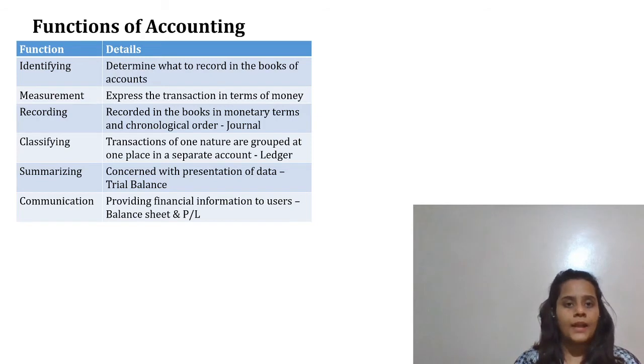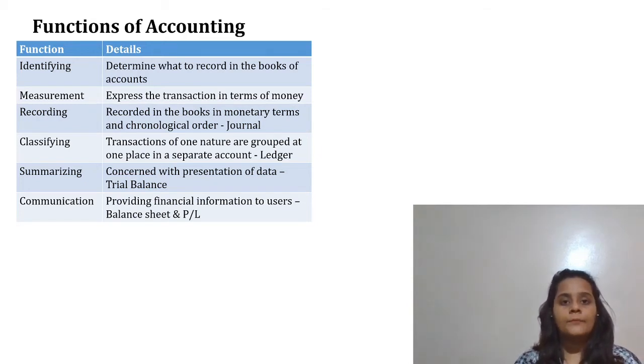That is called the trial balance. If you look at the trial balance at one glance, you can know how much total rent you have incurred, how much total insurance you've paid, how much stock you have in hand, and so on.